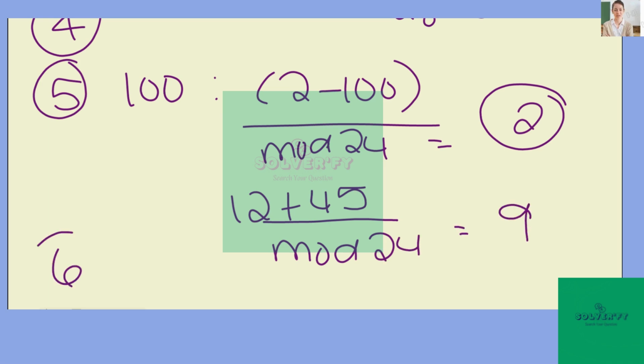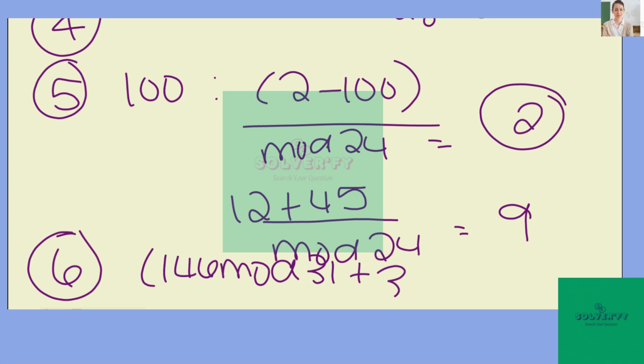And then for number 6, we want to find each of these values, which we can do using our modulus. We are going to get 146 mod 31 plus 301 mod 31.